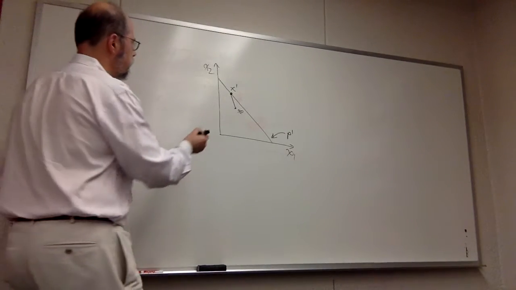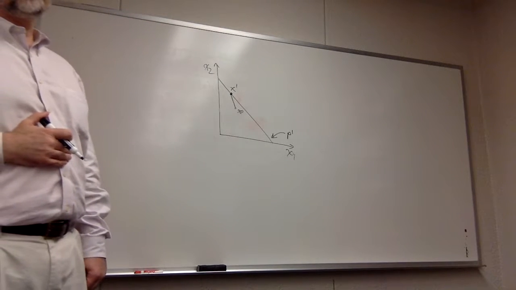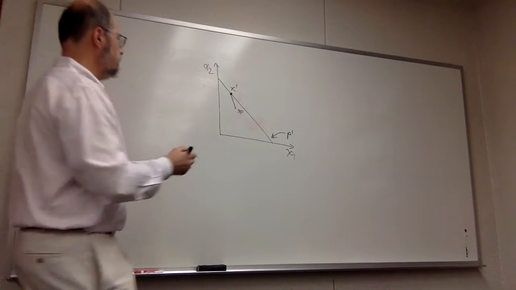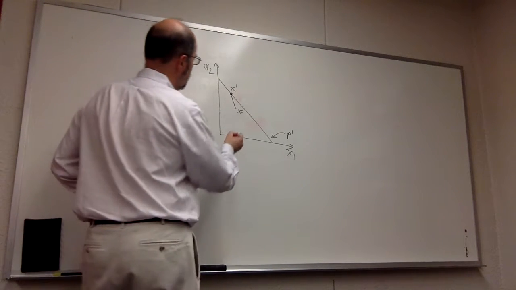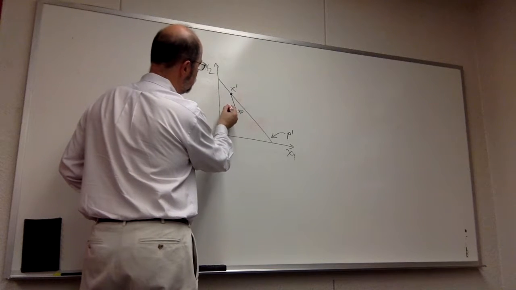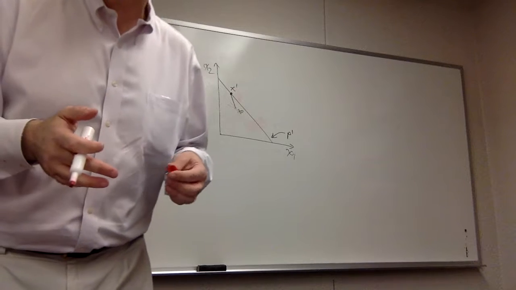Let's actually start this way. I have nothing about prices for x0. So the budget line through this could have been like that, could have been like this. It would have to be some negatively sloped line, right?